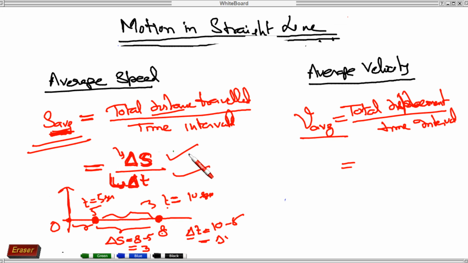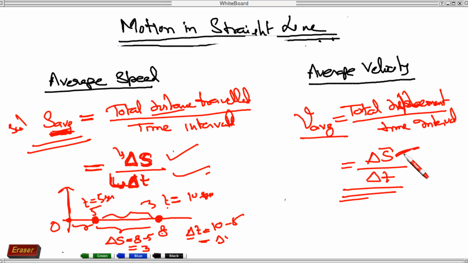Similarly, it's a distance here, so it's a scalar, so this one is also scalar. You can see the thing is that this one is displacement and this one is distance.